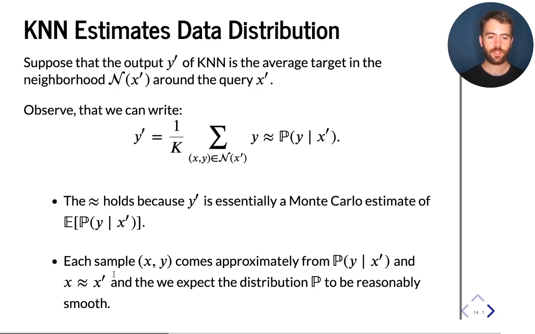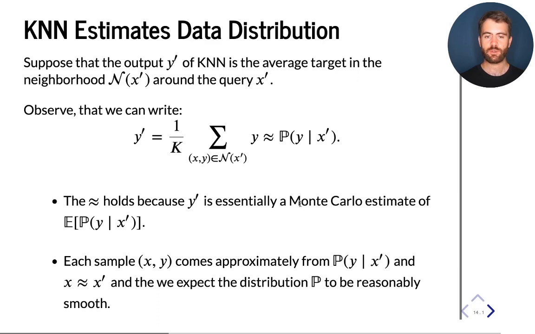And given that x is close to x prime, all of our samples in this neighborhood, you can think of them also as approximately being around x prime. And so this label, this target y for our distribution, because all the x's are really close to x prime, you can almost think of them as being IID samples of y given x prime.